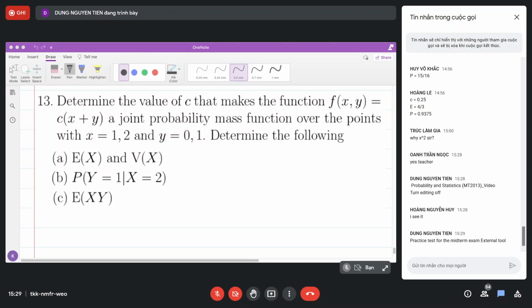The practice test for the midterm exam. Can you see it? This is the one.